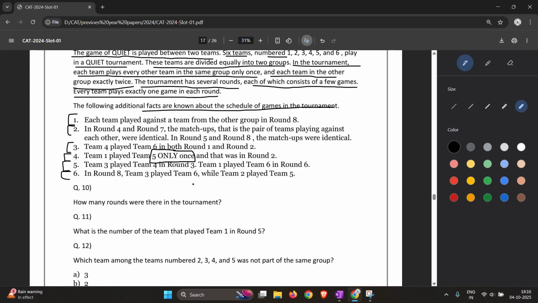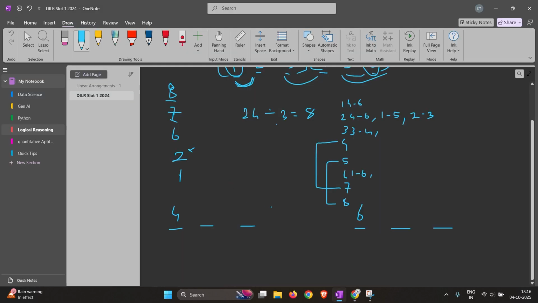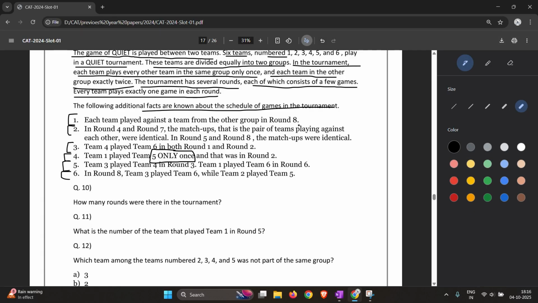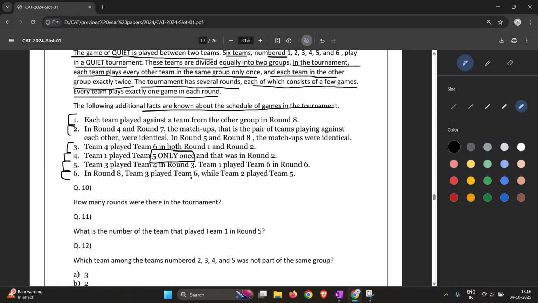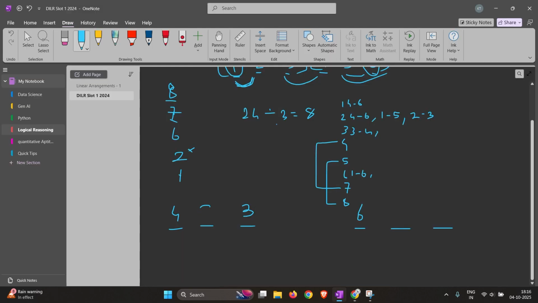Since 3 and 6 played each other, and in the 8th round all the teams played against the other group, 3 and 6 must be in separate groups, and 2 and 5 should also be in separate groups. And that means 1 is also in this group.